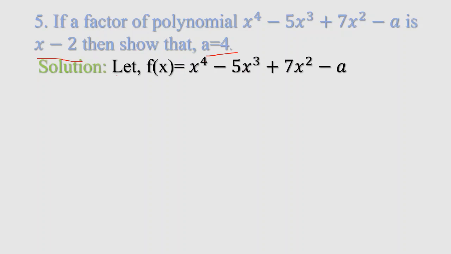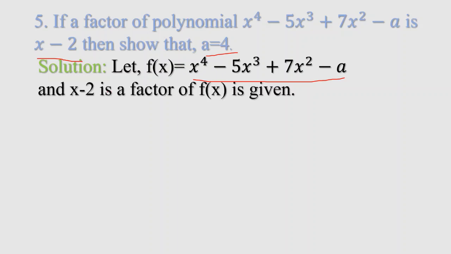Solution: let f of x equal to this, and x minus 2 is a factor of this. So from the converse of the factor theorem, we write f of 2 equal to 0.